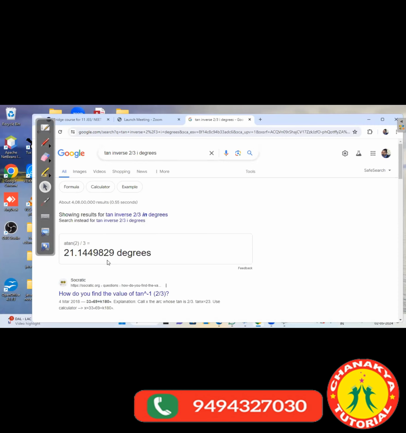So your answer is 21.14. Okay, still some incorrect is there. Okay, so that is 21.14 degree. That's the answer. Got it? So I know the direction.